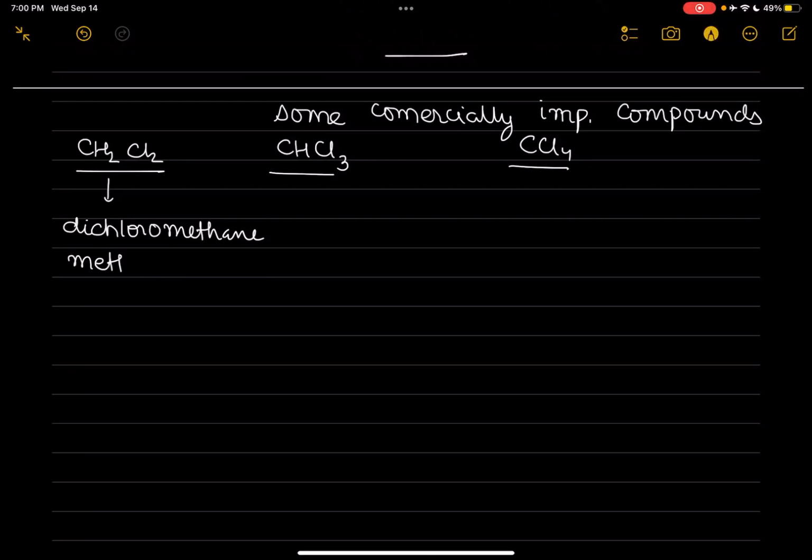Both, because it is common. Methylene dichloride is also used in some places. But methylene actually means CH2, so it is obvious that there will be two Cl.